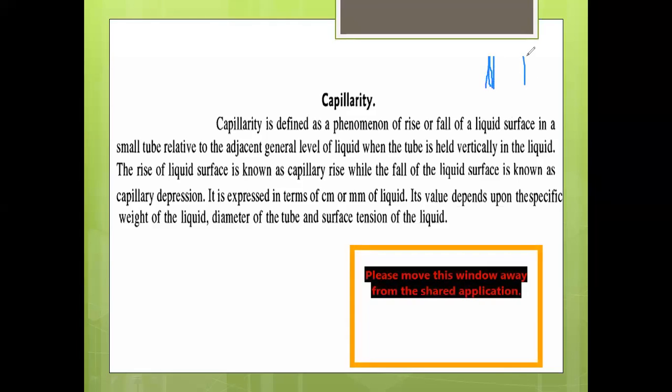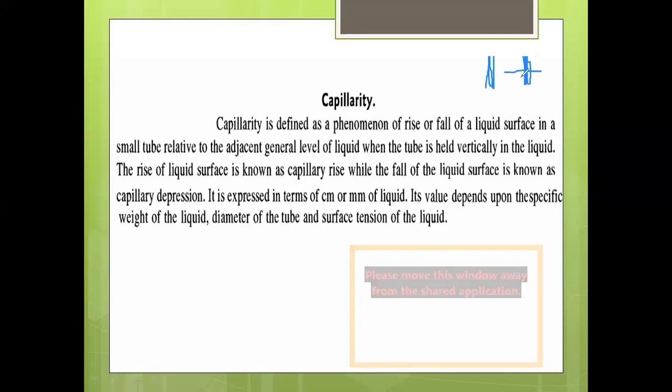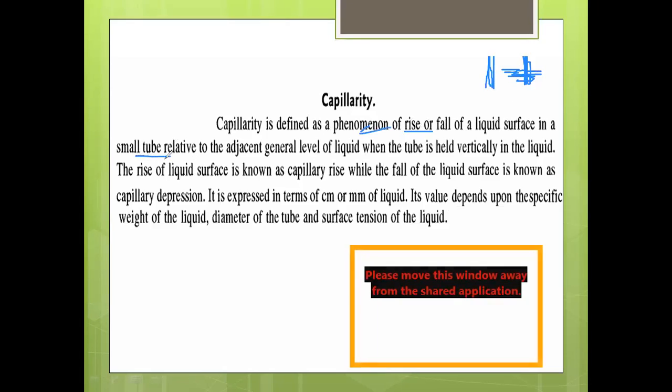When we put such a small diameter tube vertically inside a liquid, this phenomenon of rise or fall of liquid inside the small diameter tube, related to the adjacent surface, is called capillarity. The phenomenon of rise or fall of liquid surface in a small tube related to the adjacent general level of the liquid when the tube is held vertically in the liquid.